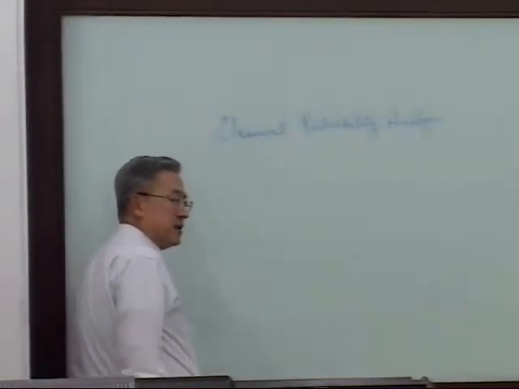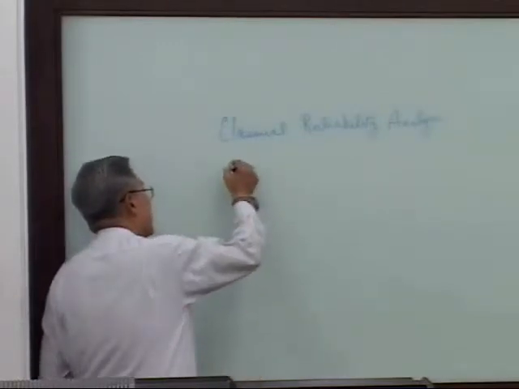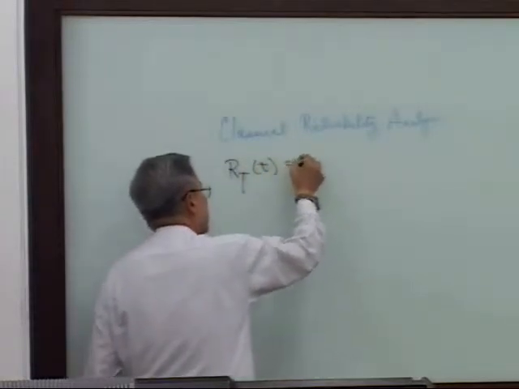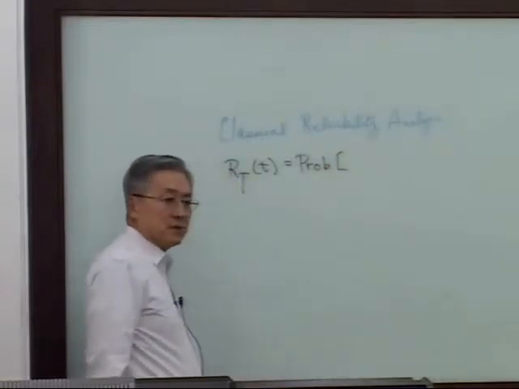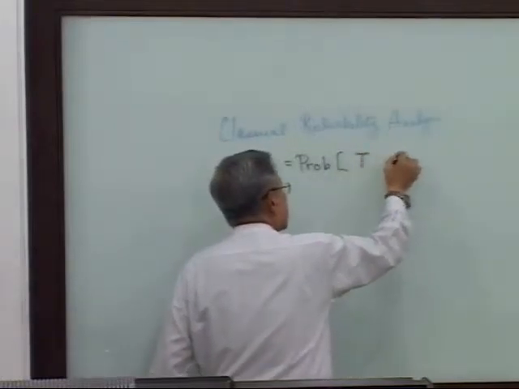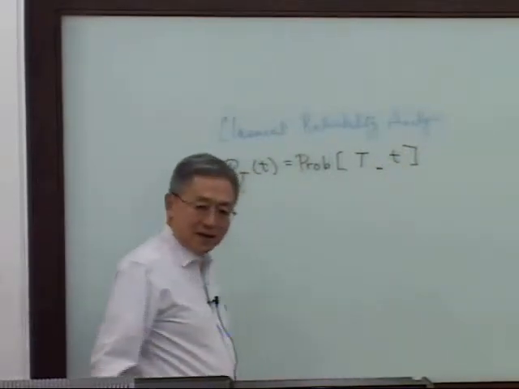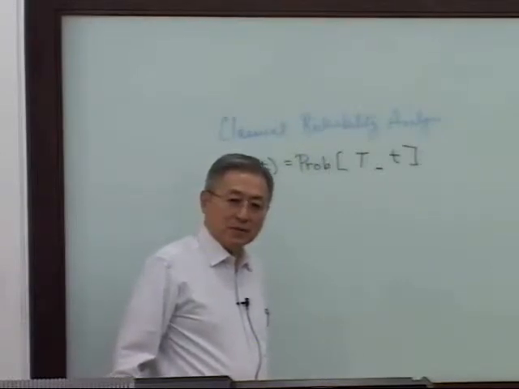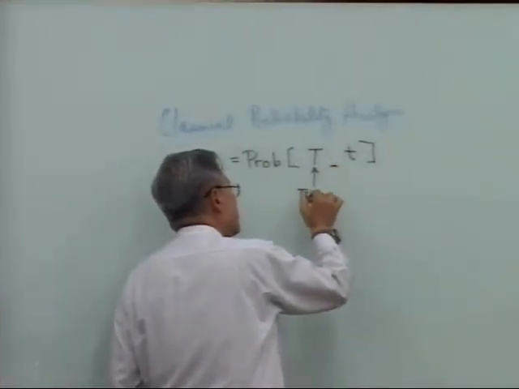Expressed as reliability, R(t) is the probability, P or PROB, such that T is higher or lower than t, where T is the time to failure. This is the time to failure.